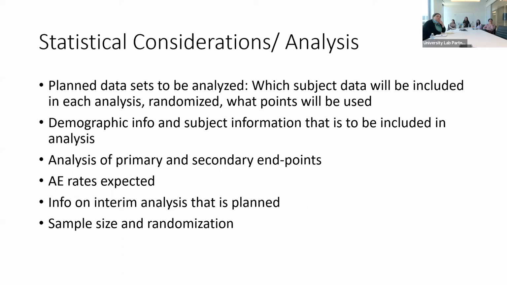Add in information about demographics that are going to be used to analyze the data. So if you're going to have a breakdown of males to females, and you're going to say I'm going to have around 40 to 60% males and females split, and that's acceptable, then put that in your data analysis plan, your statistical plan, because that's part of what the PI will also use. And in certain situations, the FDA requires it.